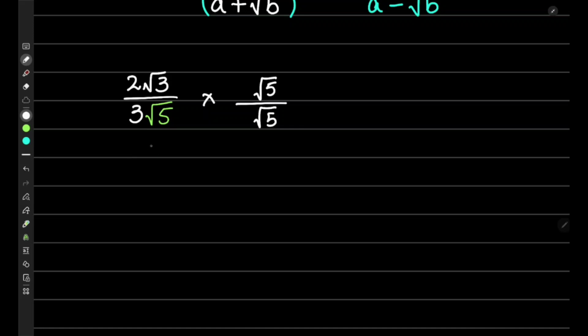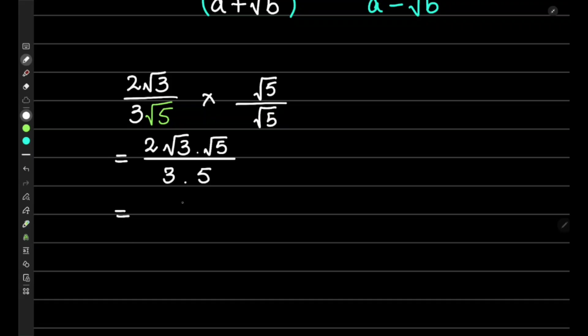So we'll end up getting 2 root 3 times root 5 divided by 3 root 5 times root 5. I told you, you can do the working, or whenever you have two same surds multiplied, you will have the number itself, 5.